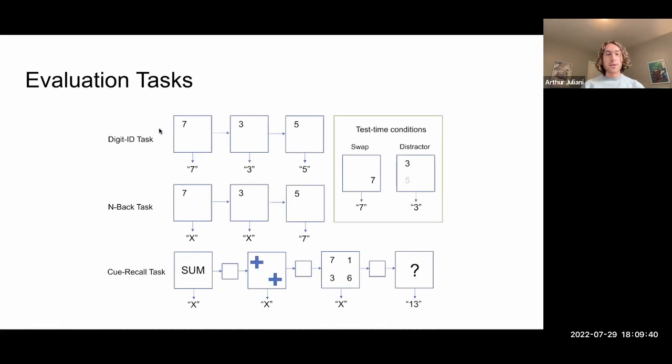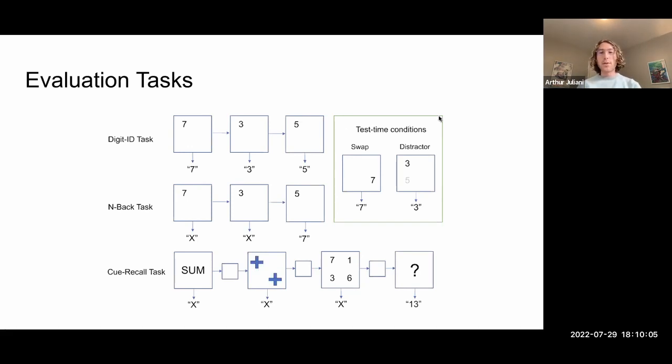So in the simplest version, the simplest task possible is that there's a digit presented in one quadrant of the stimuli, and the appropriate output at every time step is the identity of that digit. In the N-back version, it's the 2-back identity. So at time step 3, the correct output would be the identity of the digit at time step 1.